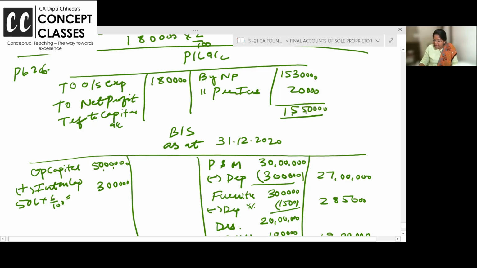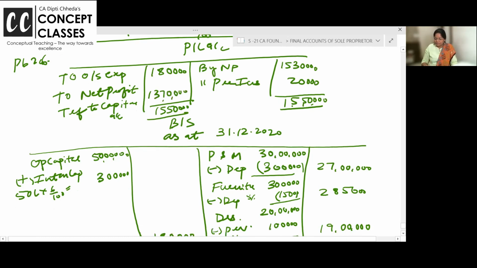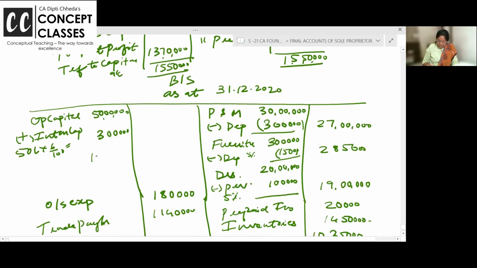So 15,50,000. 15,50,000 minus 1,80,000, 13,70,000. 13,70,000 is the net profit, plus interest on capital, plus opening capital.